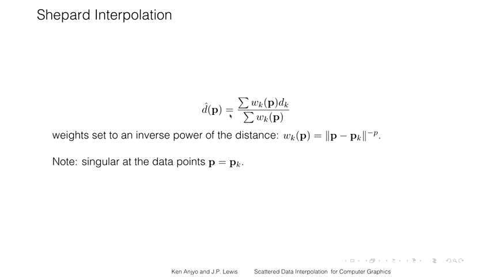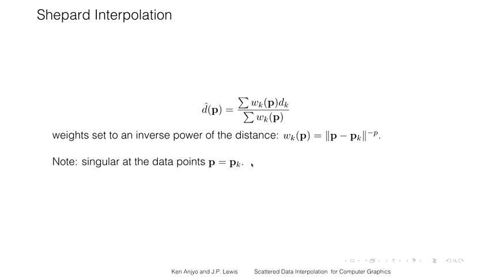Now, we also have to arrange that all the weights sum to 1, so we're going to divide by the sum of the weights. So typically, W sub k is something like this. It's an inverse power of the distance between our current location P and the location of a data point P sub k, and then that's raised to a minus power. Now we notice that this is a divide by 0 if we're actually at one of the locations P sub k.